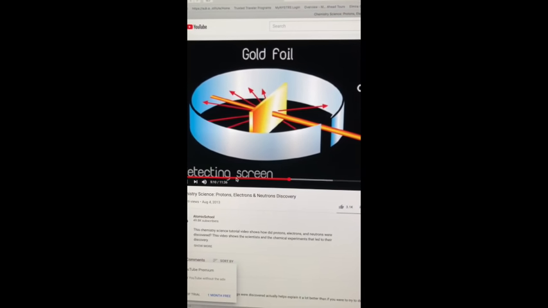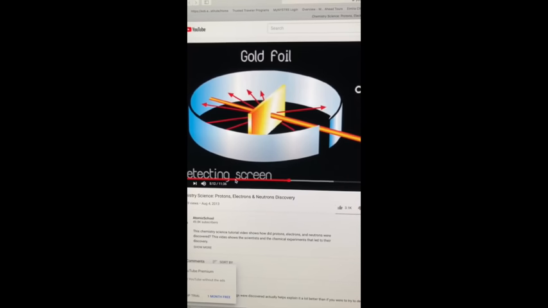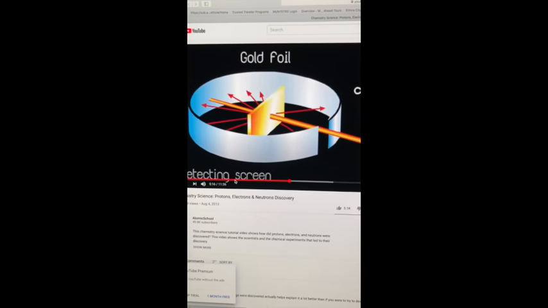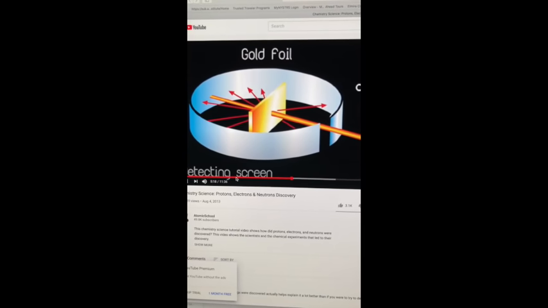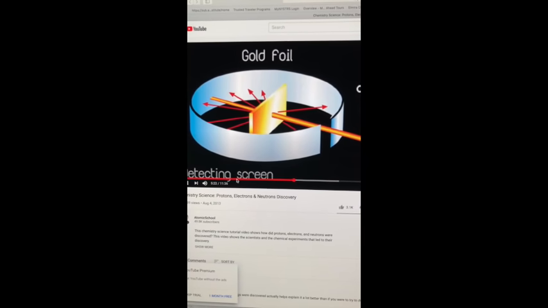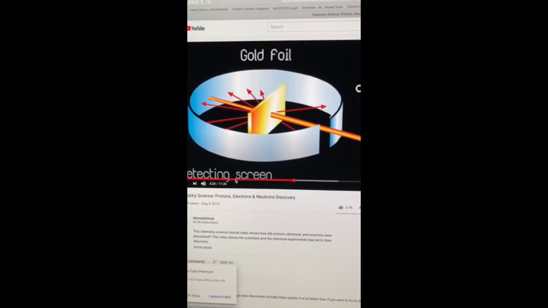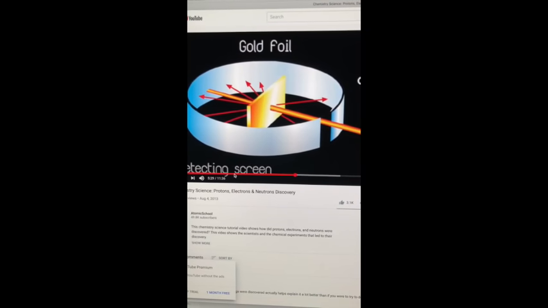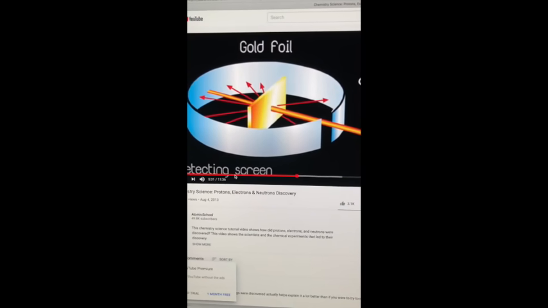Rutherford said at the time that it was almost as incredible as if you fired a 15-inch shell at a piece of tissue paper and it came back and hit you. What this meant was that the mass of the gold was not evenly spread out at all, but concentrated in very small lumps that were positively charged.